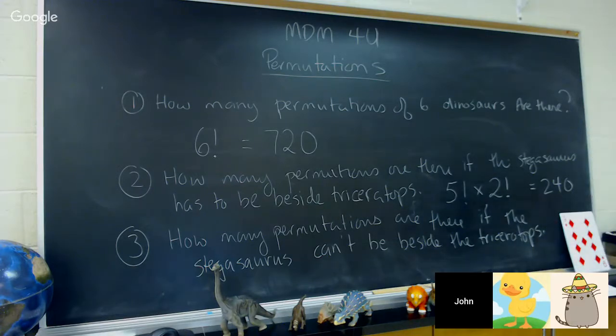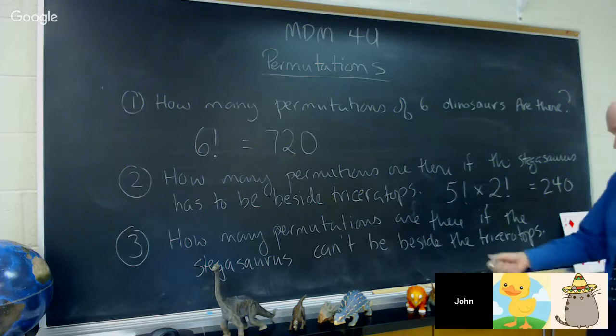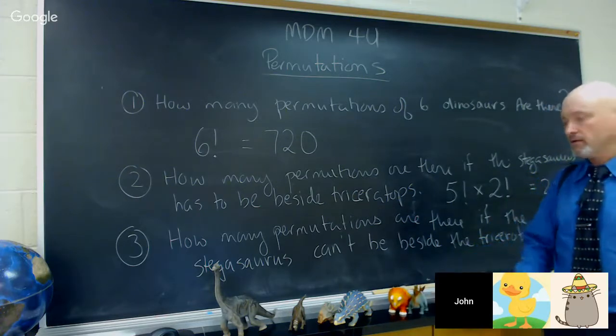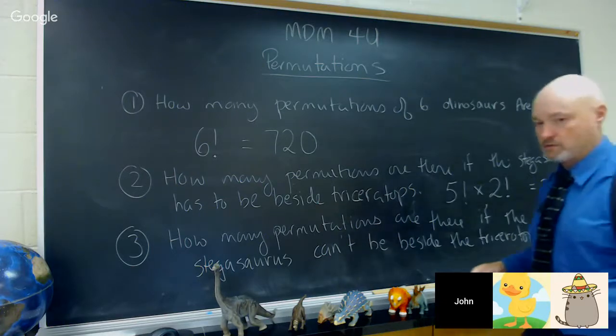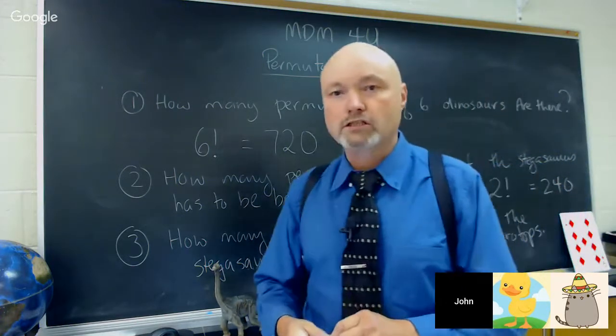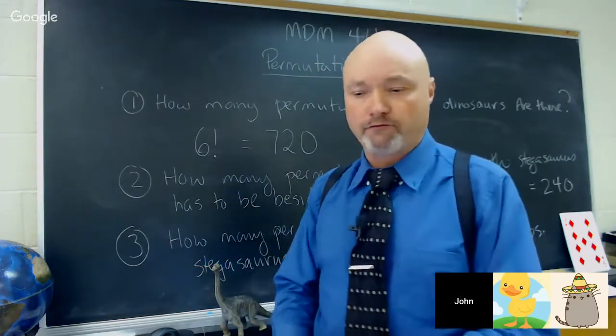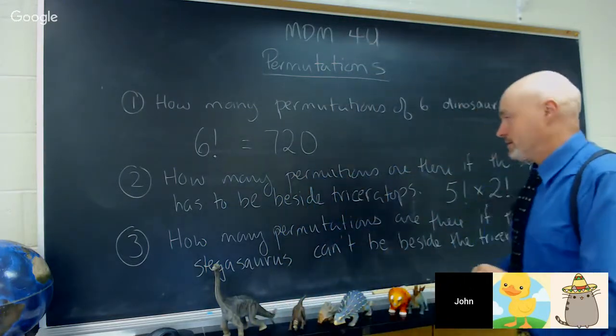Okay, so in other words, it's the opposite problem. Rather than having them stuck together, I want them not beside each other. So this suddenly becomes a really, way harder thing to figure out.